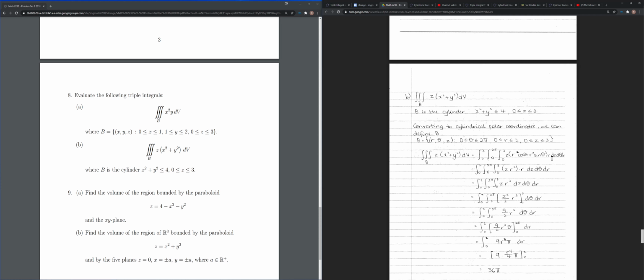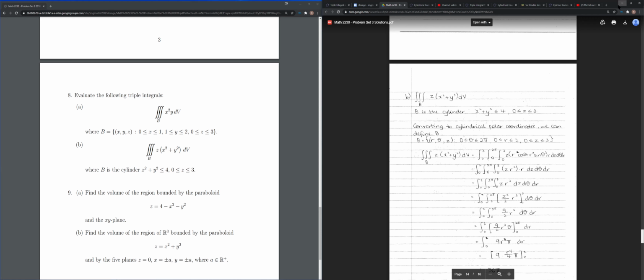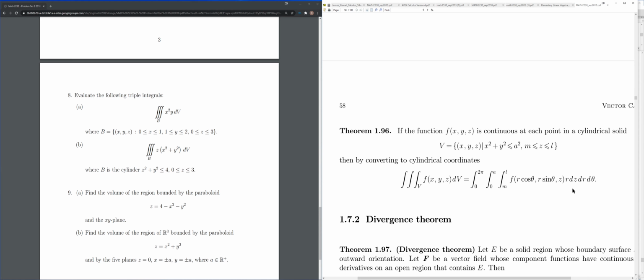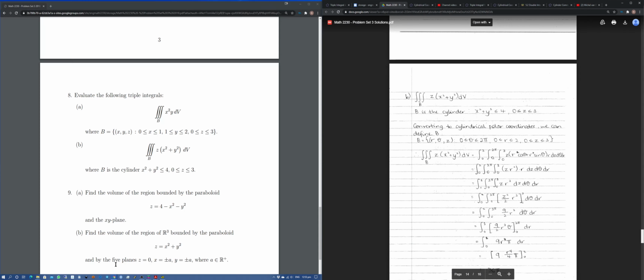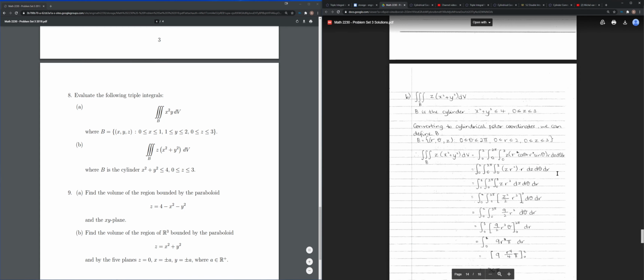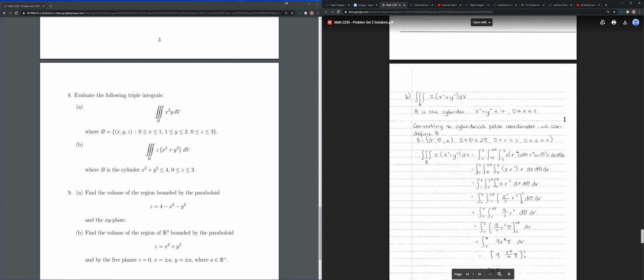And here I'm integrating with respect to z, theta, then r, which is a different order from what I stated over here. But it doesn't make a difference once you make sure that you use the appropriate limits. So for this middle r, you'd need r limits, and for the outside theta, you'd need theta limits.